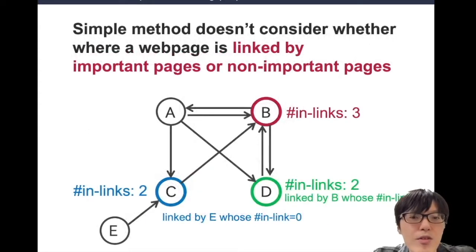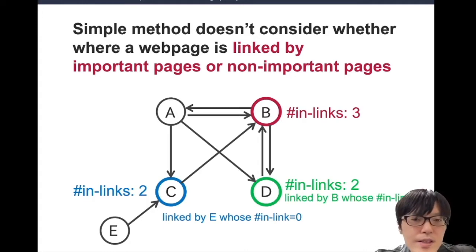So this example shows that the simple majority voting method does not work well to evaluate the importance of web pages. This is because the simple method does not consider whether important web pages or non-important web pages link a web page.